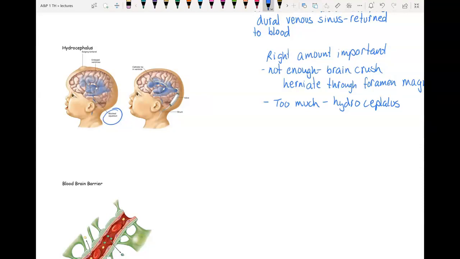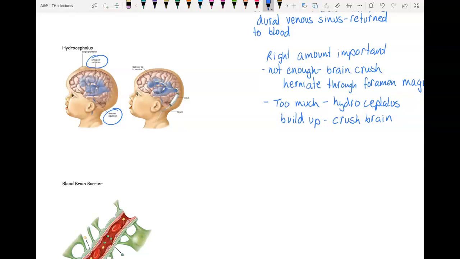And it keeps building up, and here you can see enlarged ventricles, and those enlarged ventricles will crush the brain. So if there's too much, it will build up and crush the brain from the inside out. And if babies have this because their skull is not fused yet, their whole head will enlarge from it.